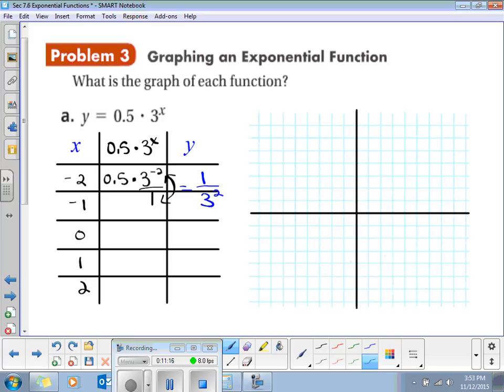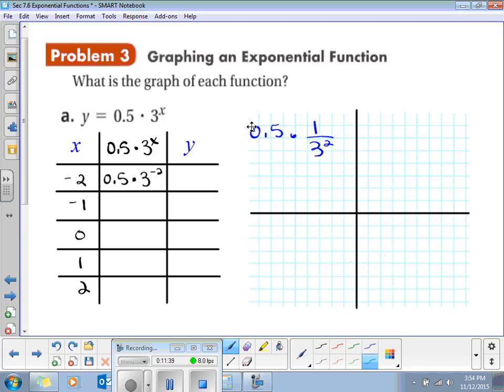So this is going to be 1 over 3 squared. So we've got 0.5 times, now this we're going to flip it, we're going to get the reciprocal, and the exponent becomes positive. So that's going to be 1 over 3 squared.